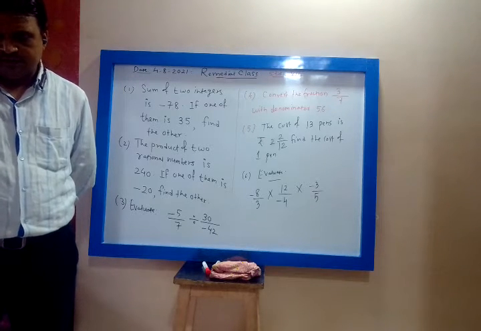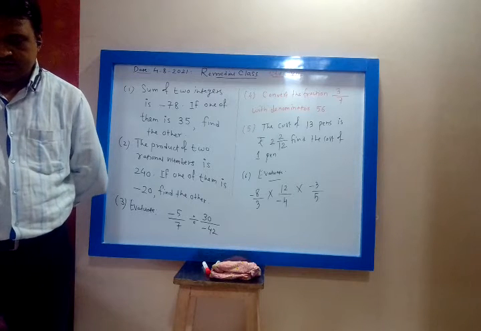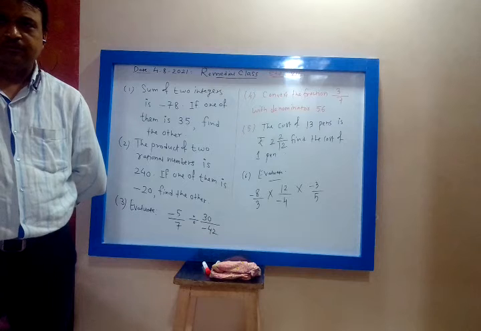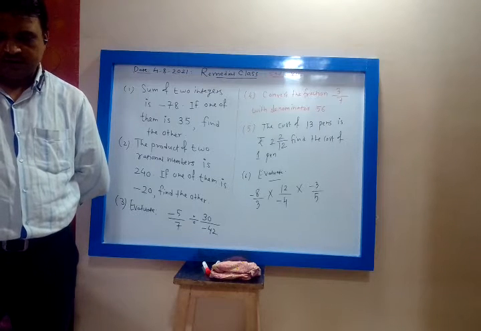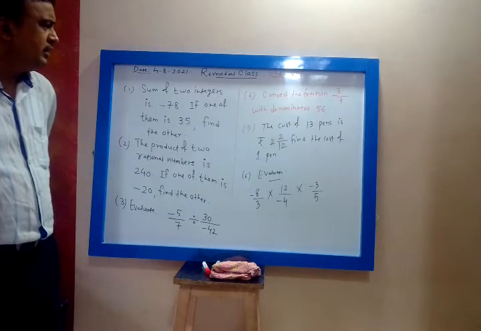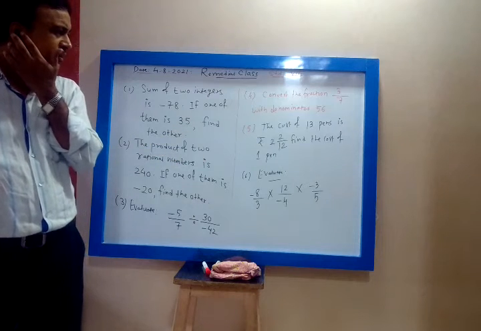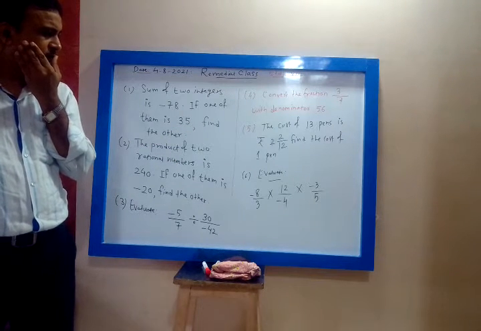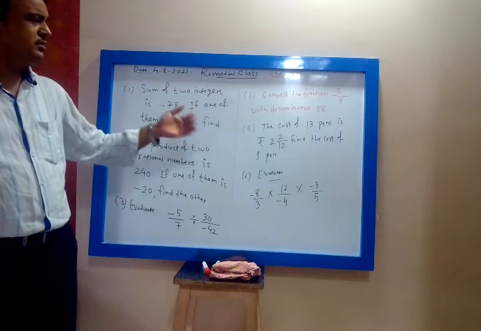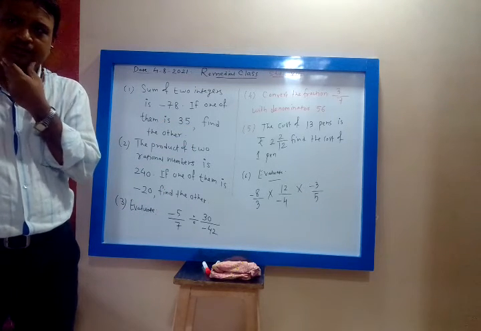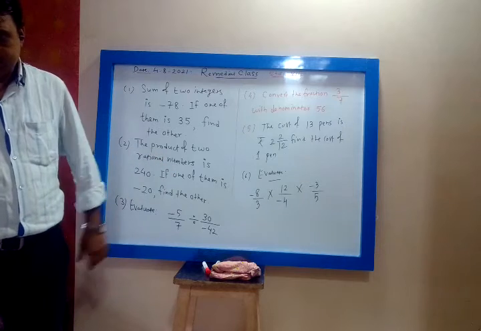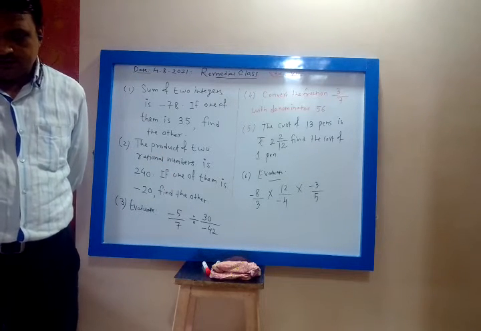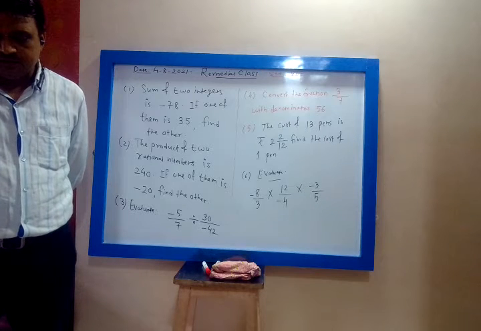Okay, very good. Do it fast. Then Jayashree Bhatti, 7th A, roll number 2. Jayashree. How many you have completed? You are on which question number? Third one. Do it fast. Very good.